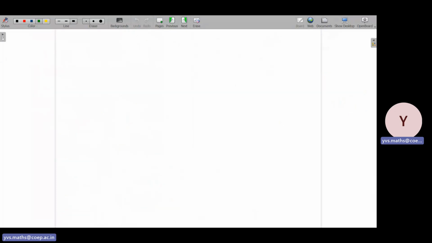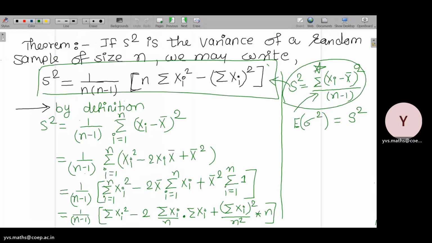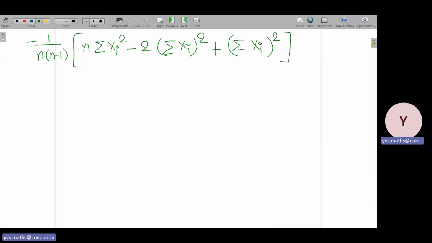I'll move to the next page. So we get 1 upon n into n minus 1, into the bracket: n times summation xi square minus 2 summation xi whole square plus summation xi whole square. If I divide and multiply by n, look at this step: the first term becomes n times summation xi square.